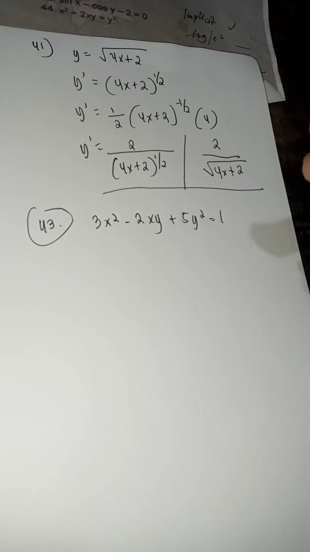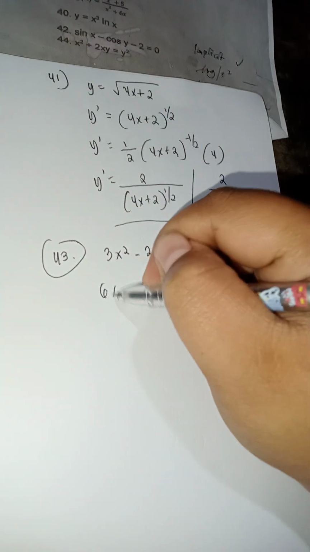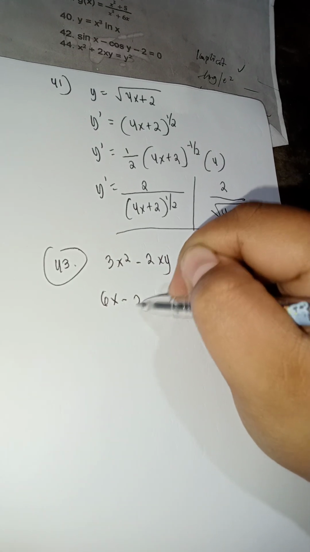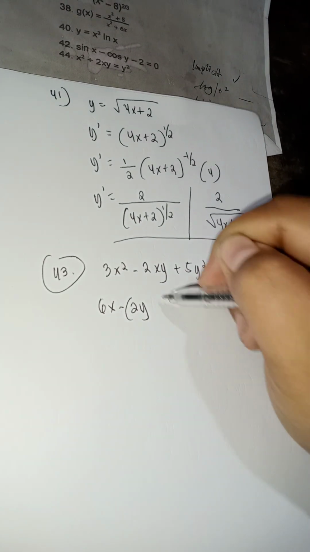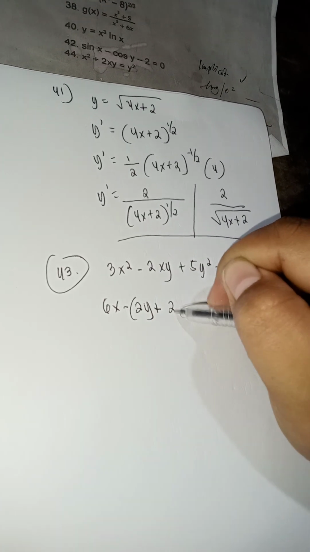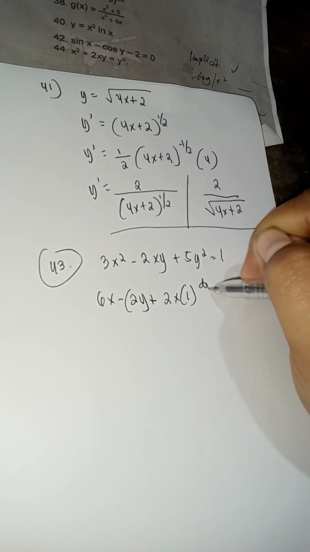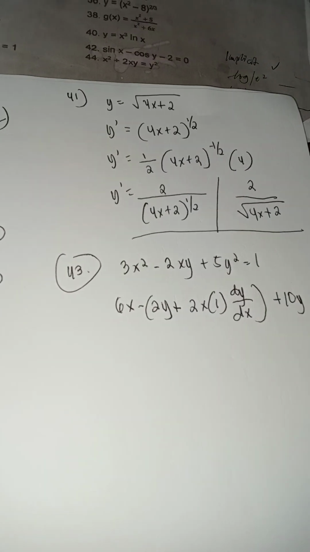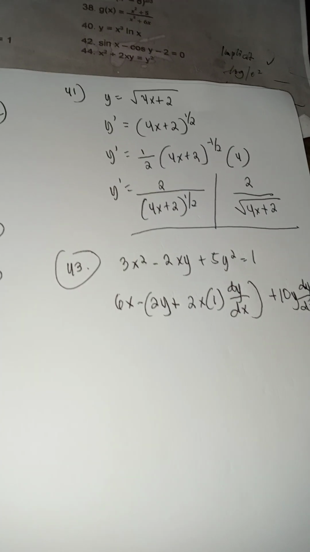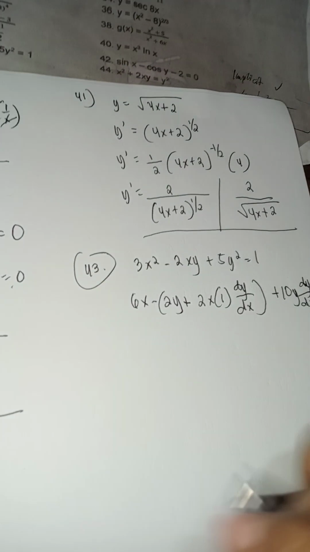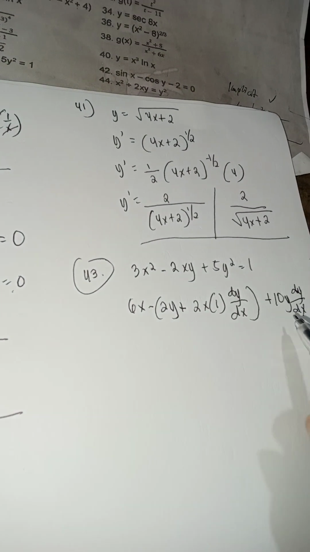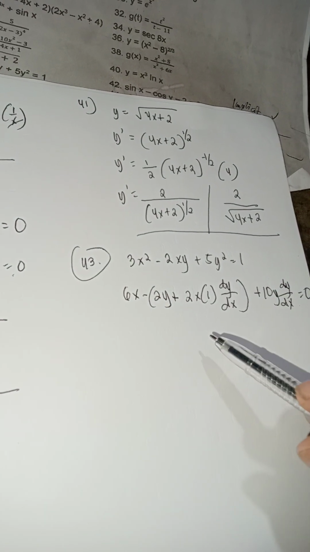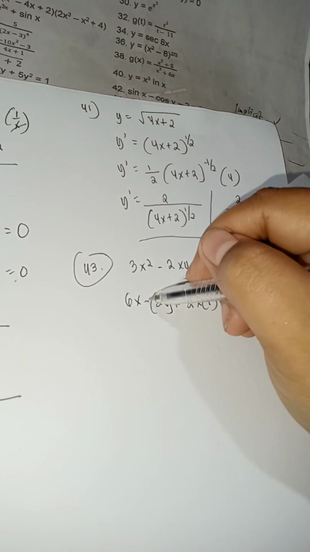It is an implicit differentiation. 3x squared gives 6x, minus 2y, plus 2x times 1 dy over dx, okay, plus 10y dy over dx is equal to 0. So, move the terms without dy over dx to the right side, and remain the terms with dy over dx on the left side.